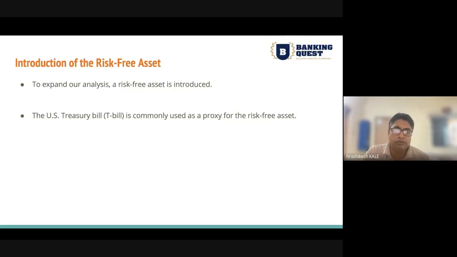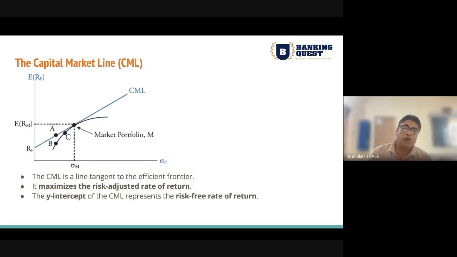Now, risk-free rate, US Treasury bill is considered to be a proxy of risk-free rate for basically international transactions. Now, when you have a market portfolio and risk-free rate, you draw a line touching the market portfolio. That line is called capital market line.